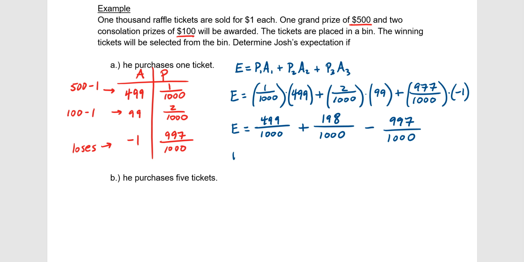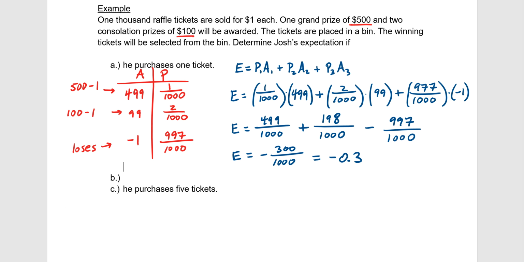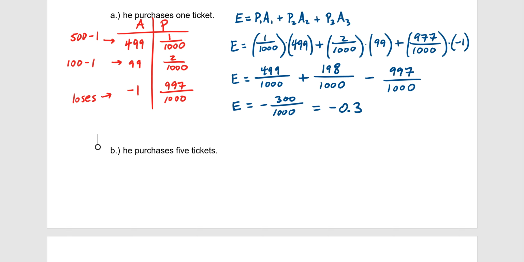So we combine these, and we end up getting negative 300 over 1,000, which ends up being as a decimal, negative 0.3. So that means per 1 ticket, you should expect to lose 30 cents.